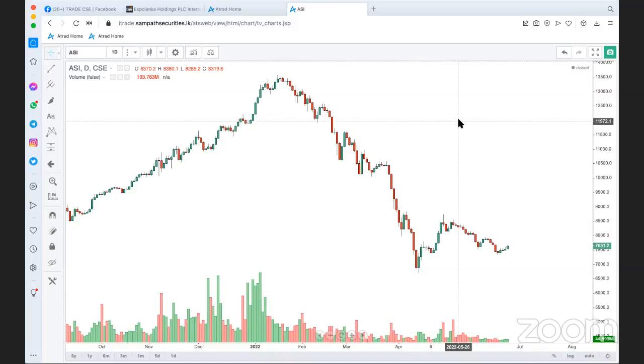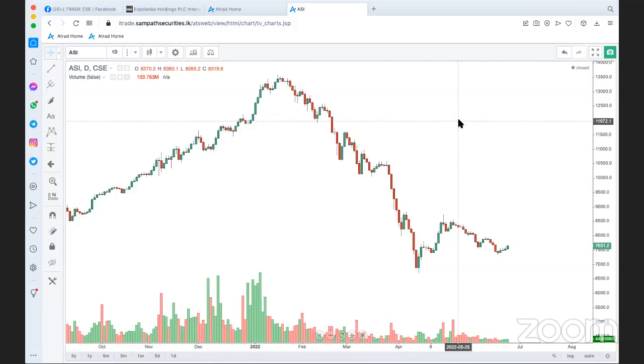When I'm looking at a chart, since I have practiced this and I'm convinced that these zones are very important, what I first do is draw the zones.